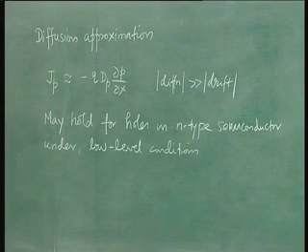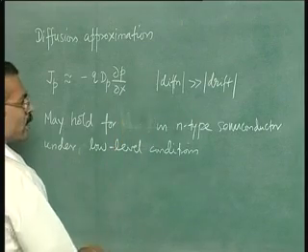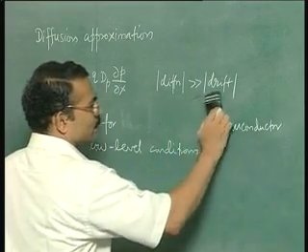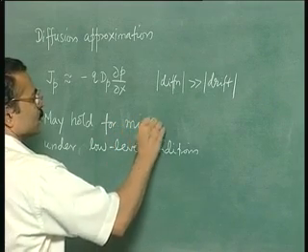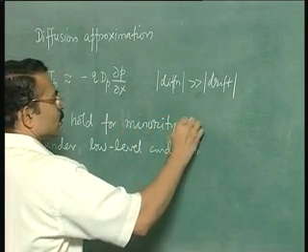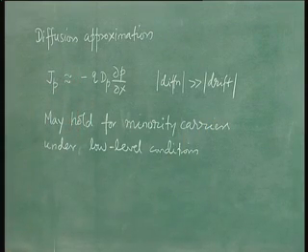So we can generalize and we can replace holes by minority carriers, and we can say may hold for minority carriers under low level conditions. This is a specific example of an n-type semiconductor.